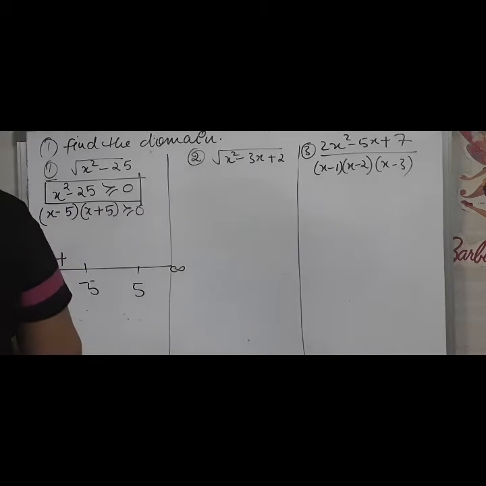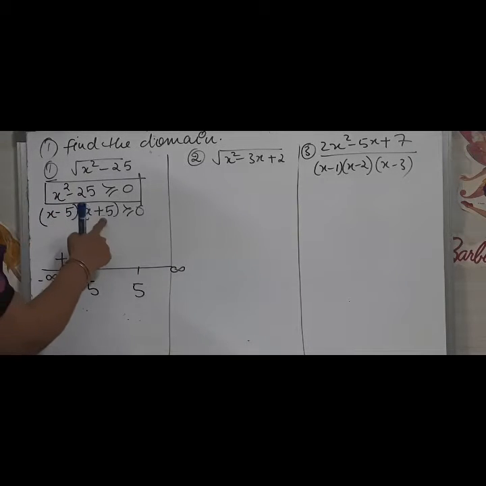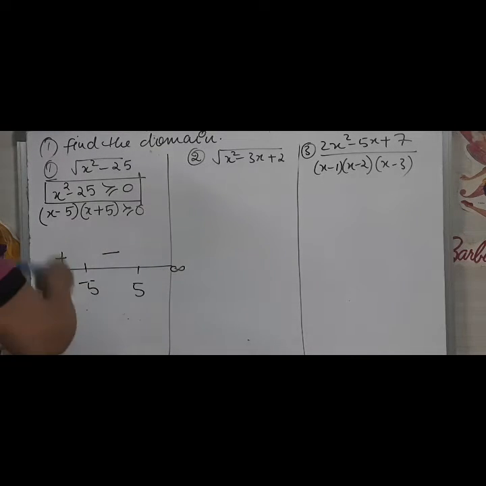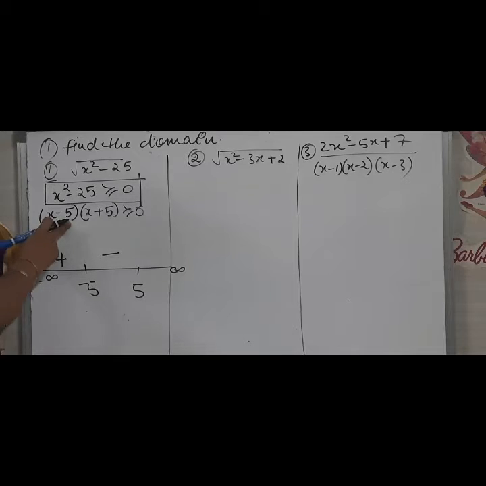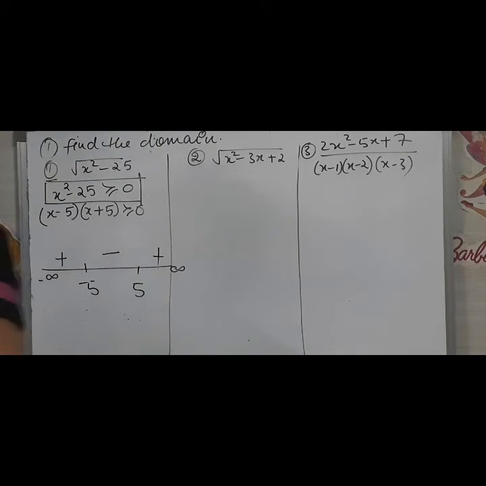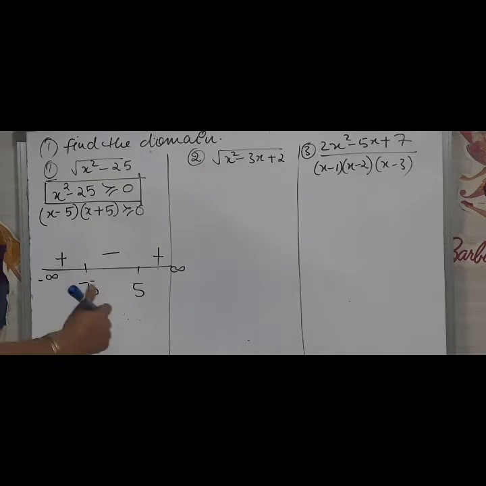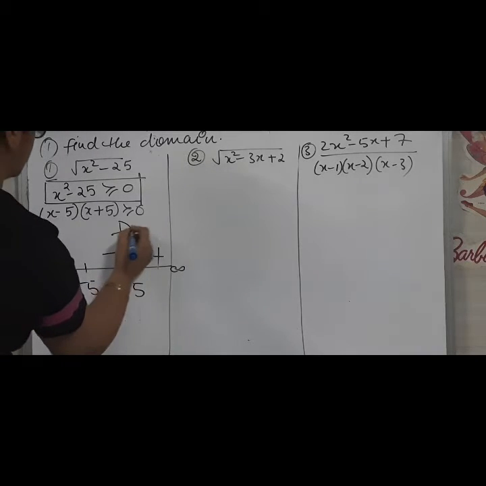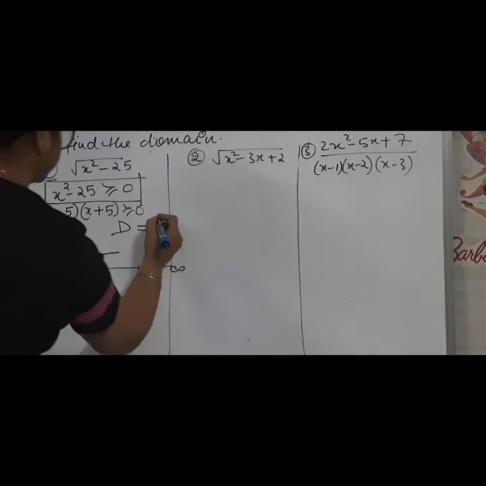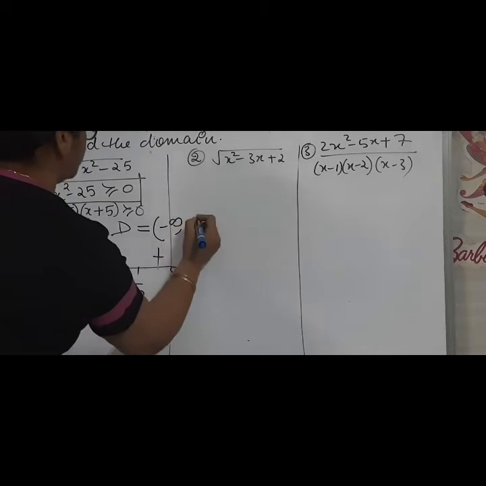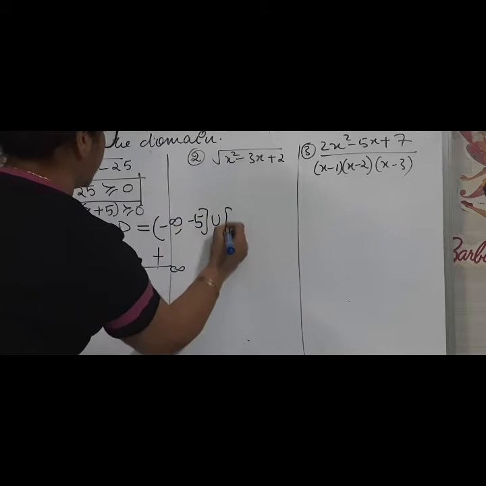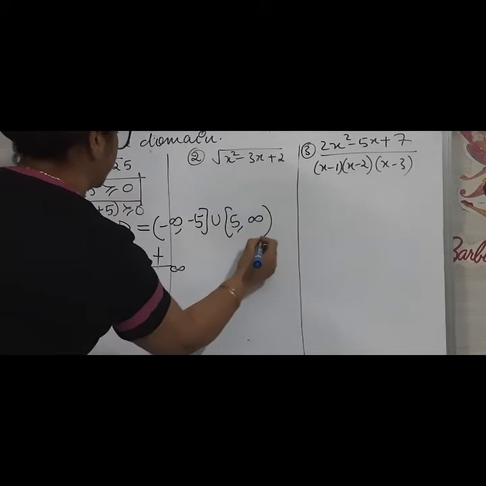If I put 0 here, it becomes negative into positive, which is negative. 5 to infinity, let it be 6. 6 minus 5 and 6 plus 5 are positive. What should I take to satisfy this equation? Only the positive values. I cannot take minus 5 to 5. So what will be my domain? The domain will be minus infinity to minus 5 union 5 to infinity.